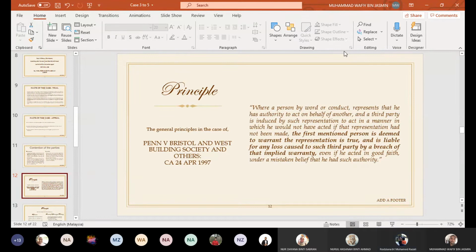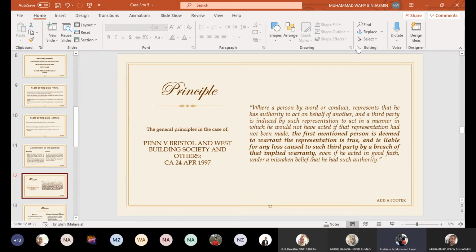Okay. The general rule is that unless expressly instructed, a solicitor has no authority. But in the ordinary course of conduct, you boleh bertindak on behalf of your client to achieve a compromise, except in the case of sale and purchase and contract, right?